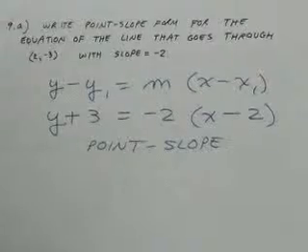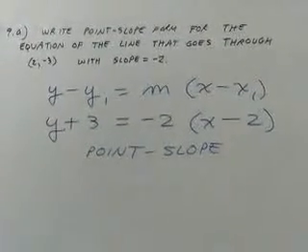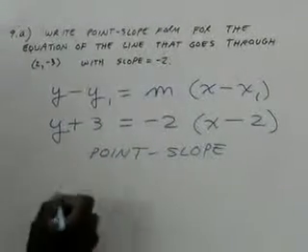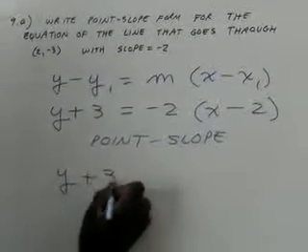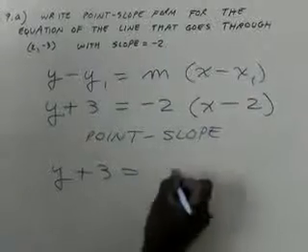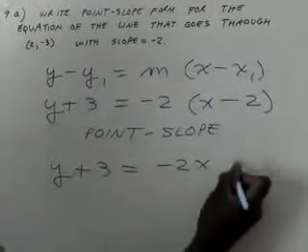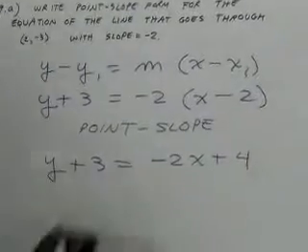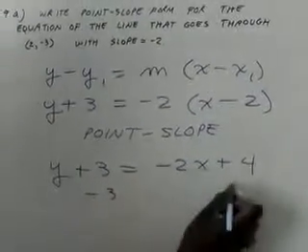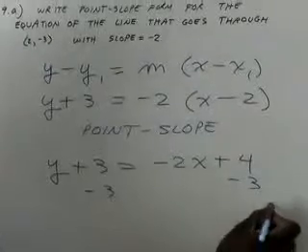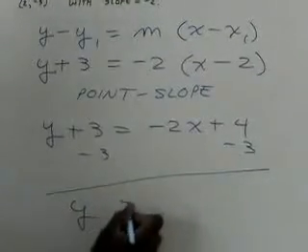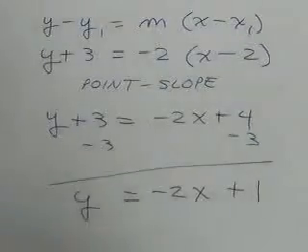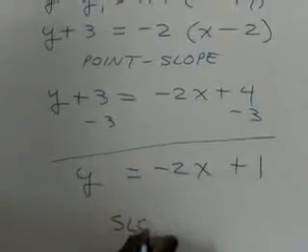Now, you can algebraically transform this into slope-intercept form. Follow these steps. I'm going to distribute the -2, so -2x plus 4, subtract 3 from both sides of the equation, and I get y is equal to -2x plus 1, and now I have slope-intercept form.